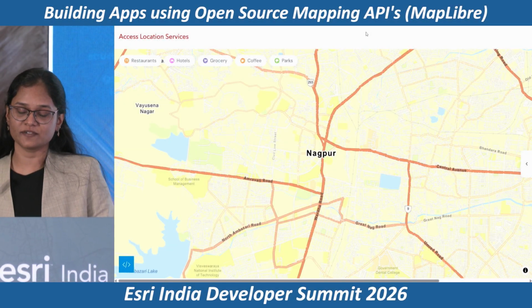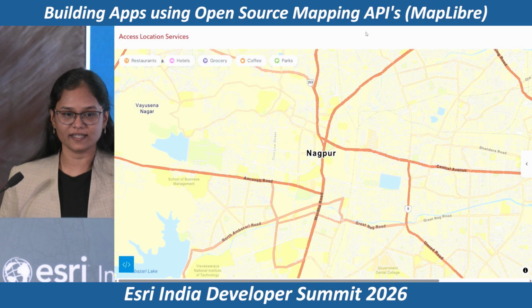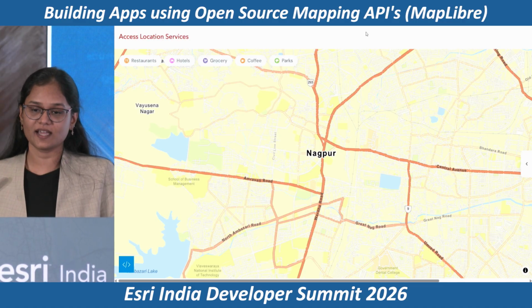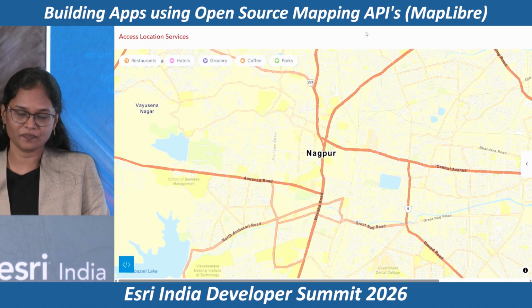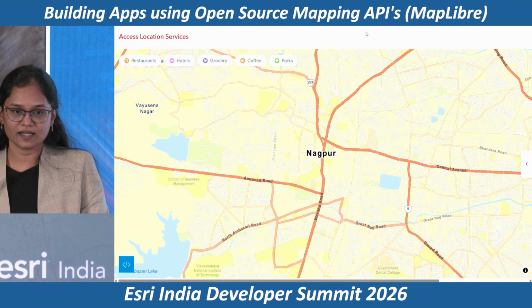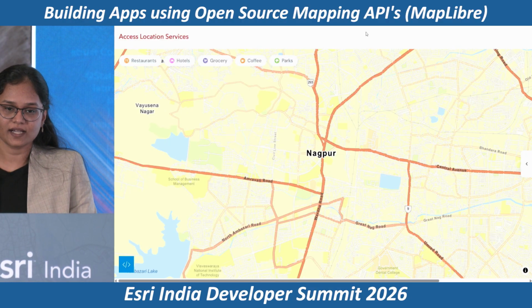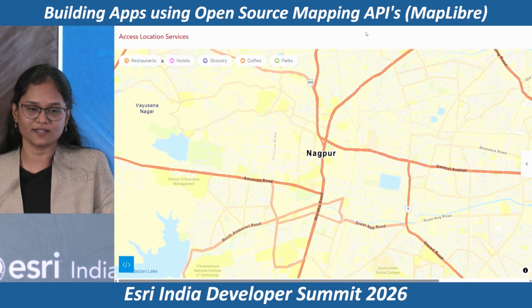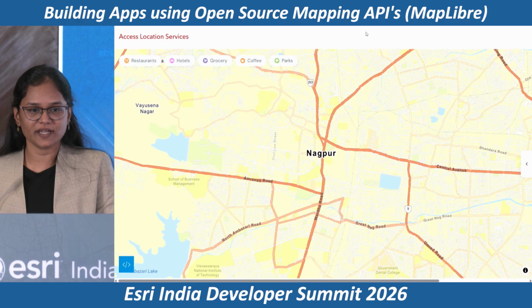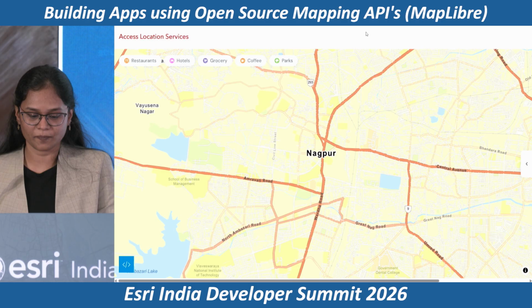Thanks, Jon. As developers, most of us would love to build lightweight, location-based applications. And open source mapping libraries really make that accessible. The app that I built is a good example of this. It uses MapLibre GL JS alongside ArcGIS location services to bring together the best of both worlds.